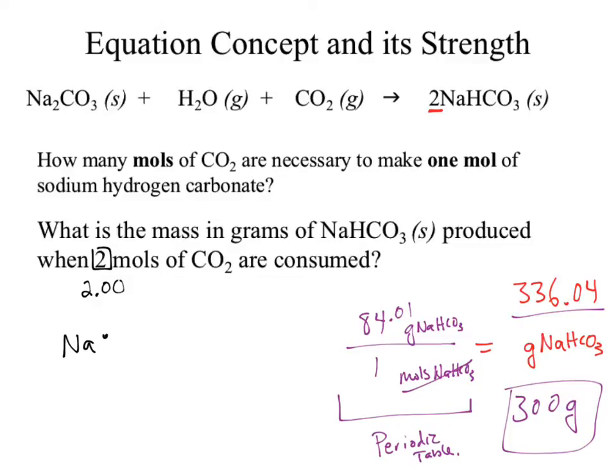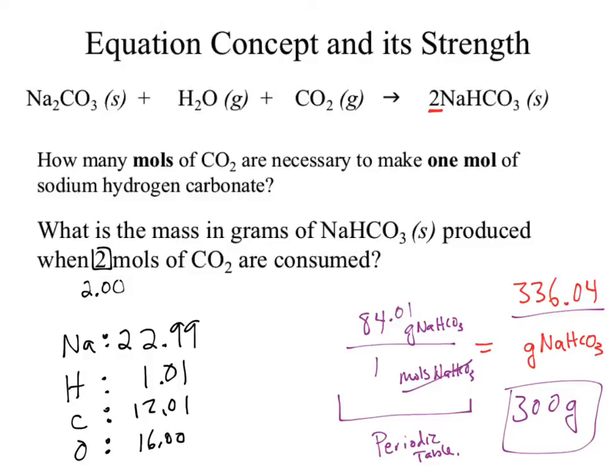We take the molar mass of sodium, which is 22.99. We take the molar mass of hydrogen, which is 1.01. We take the molar mass of carbon, which is 12.01. We take the molar mass of oxygen, which is 16.00, and multiply it by 3.